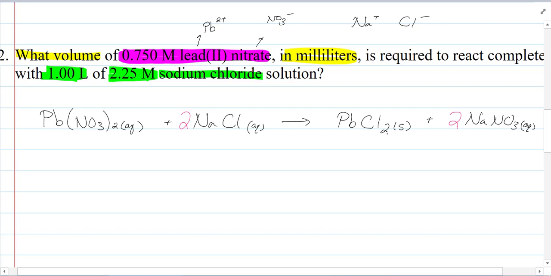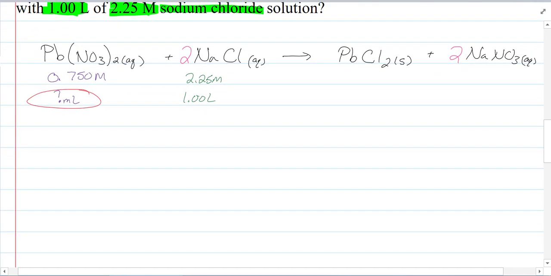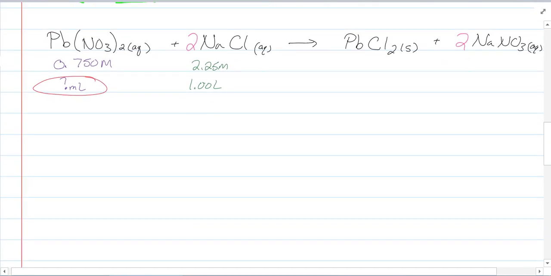Put our stats down. We have 0.750 molar, and I need to know how many milliliters. And we have 2.25 molar and 1.00 liters. Is this a limiting reactant problem? Negative, because we don't know the information of both reactants. So which one do I know everything about?